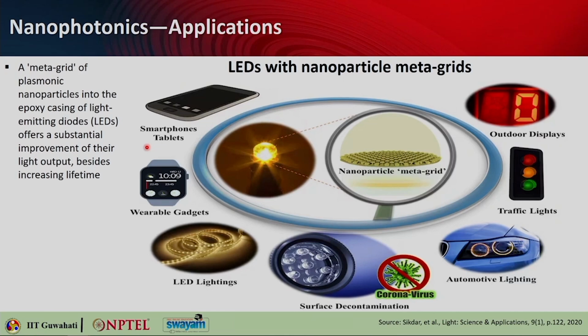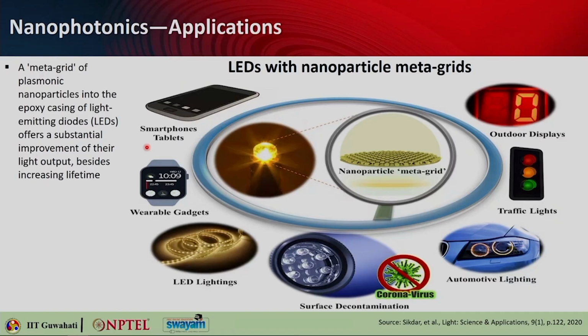So you can actually use nanoparticle metagrid to extract more light that is being generated in the semiconductor chip of an LED, and you can take out that light for final usage.